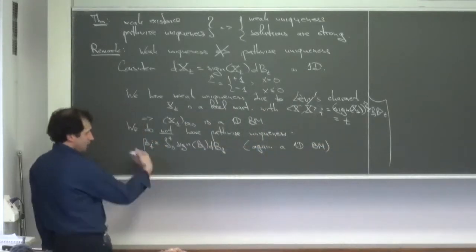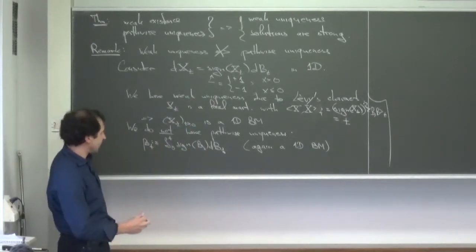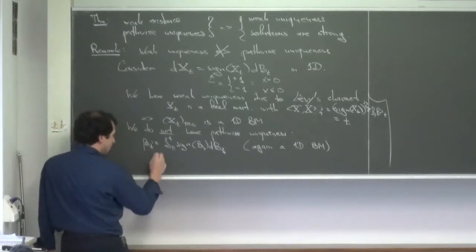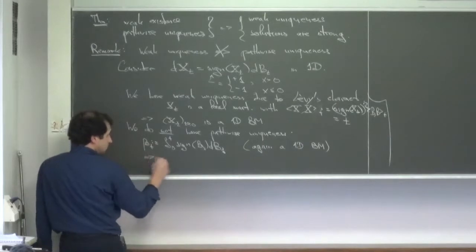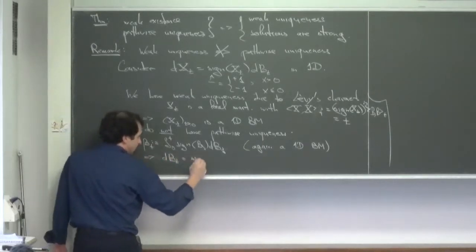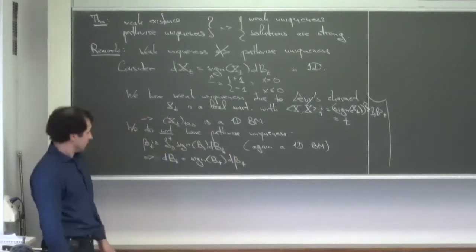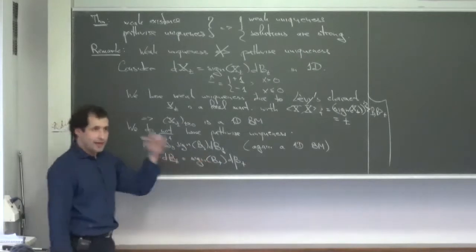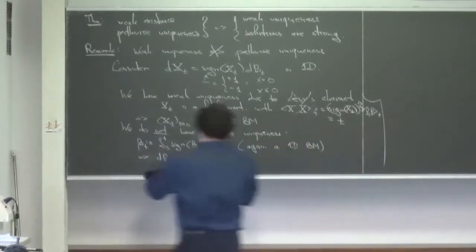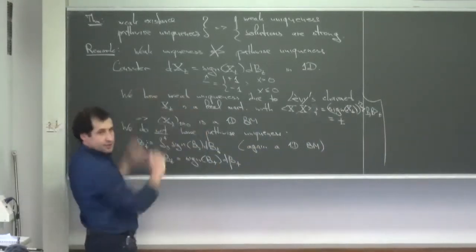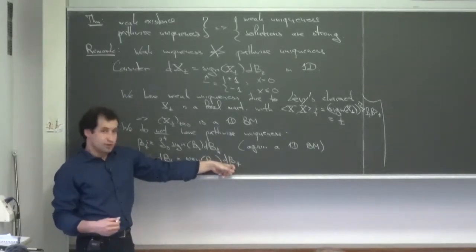And now if I rewrite this stochastic integral and multiply by the sign on the other side, what I know is that dBt is sign(Xt) d beta t, right? I just use that sign is either plus or minus 1. So in particular, it means that Bt solves this stochastic differential equation with the underlying Brownian motion beta.